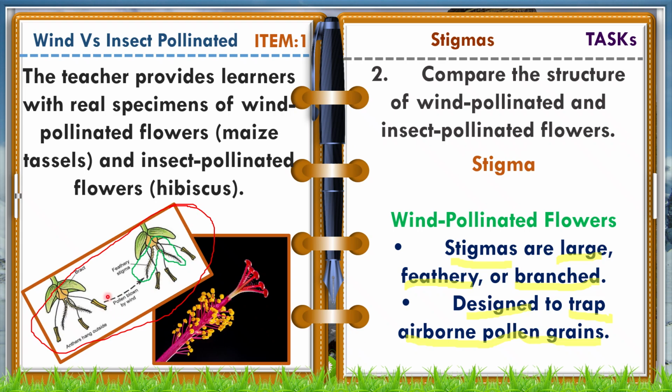We said that when pollen is released here from the anther, it will move with the air and it will find this stigma, which is feathery and large and branched. And that one will be able to trap that pollen because of being feathery.